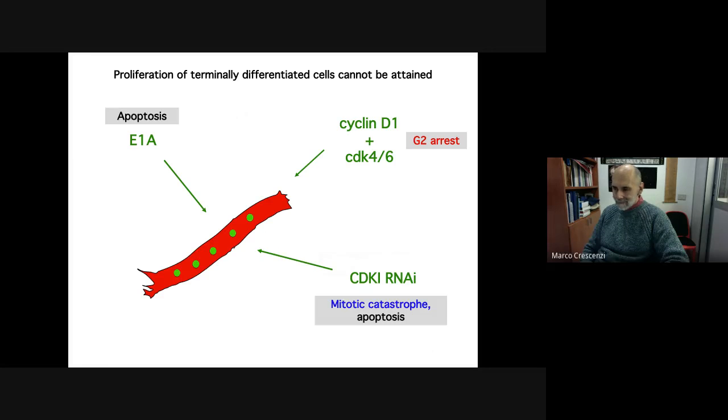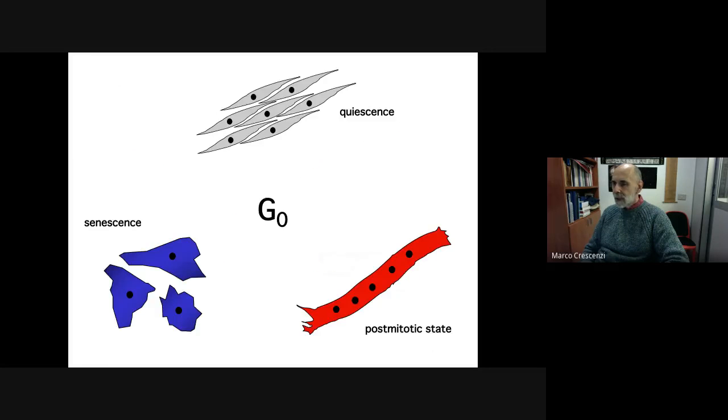It took us quite some time, but eventually we took advantage of an important observation I've not told you about yet. That is, of course, post-mitotic cells are not the only kind of non-proliferating cells. Quiescent cells, reversibly growth-arrested cells, are also in G0, much like post-mitotic myotubes.